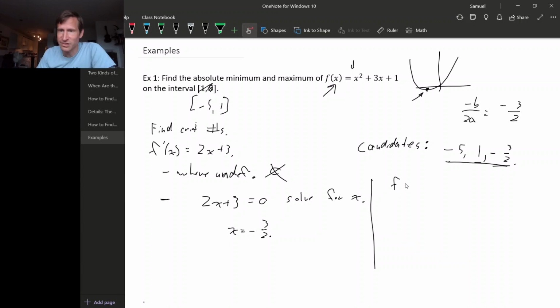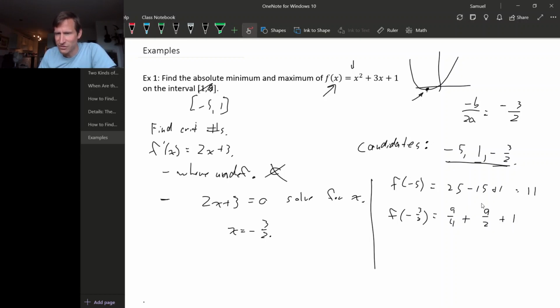So first, let's calculate f of minus 5. So minus 5 squared is 25, minus 15 plus 1, so that's 10 plus 1, 11. All right. Now f of minus 3/2, this one's going to be a little trickier, so let's see, 9/4 plus 9/2 plus 1.